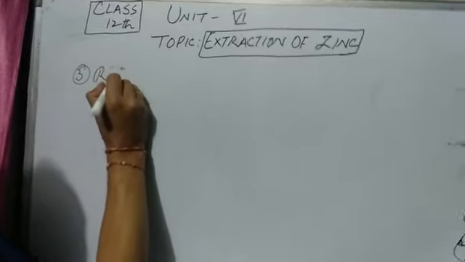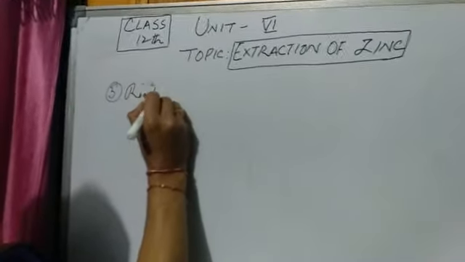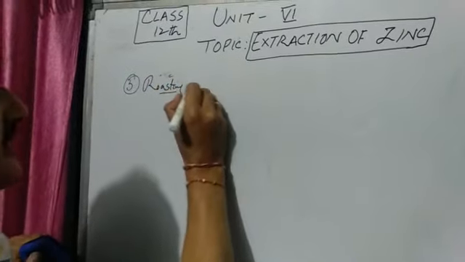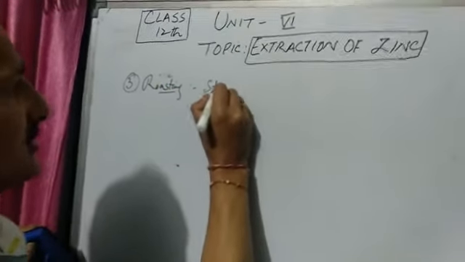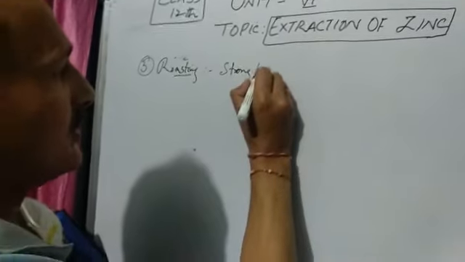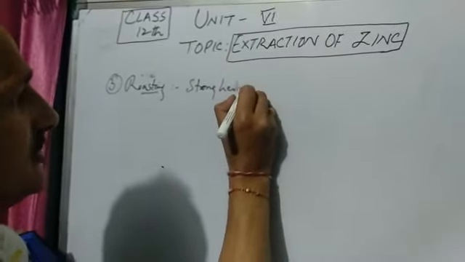Roasting, if you remember, means heating, strong heating rather, not only heating. Strong heating of which ore? The concentrated ore, because in second step we got concentrated ore.